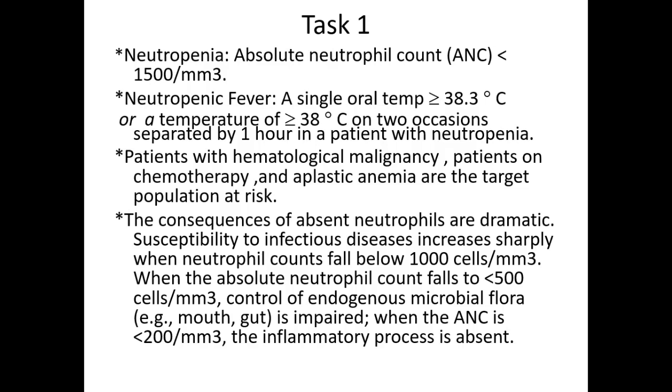The susceptibility to infectious diseases is increased sharply when the neutrophil count falls below 1,000 cells per cubic millimeter. And when it is less than 500, the endogenous microbial flora that is present in the mouth and in the gut is impaired. And when the neutrophil count is less than 200, the inflammatory response of the body is absent.